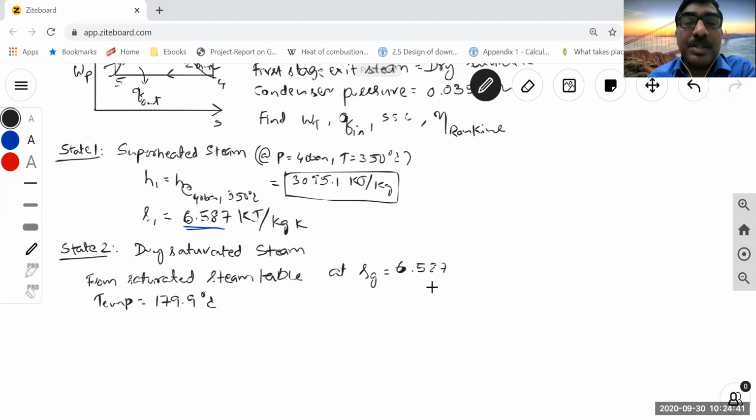At this particular Sg, this temperature is this much and pressure is equal to 10 bar, right? So pressure is equal to 10 bar.